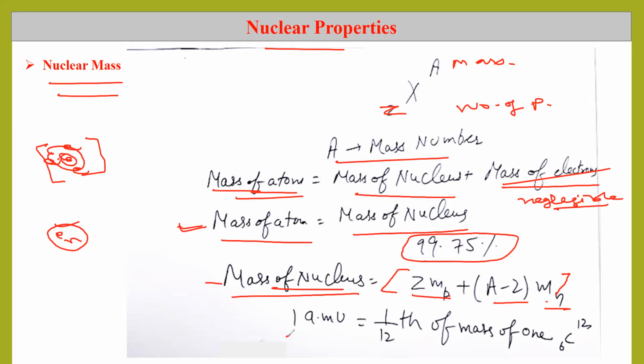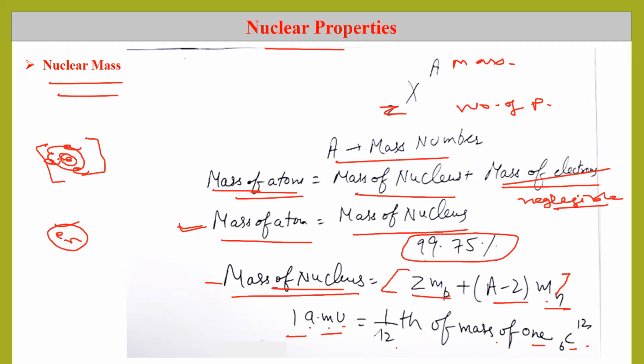Now we know that one atomic mass unit is equal to 1/12 of the mass of 6C12. We consider 6C12 only here, not another element, because with respect to 6C12 the results are very accurate. So that's why we consider only 6C12.